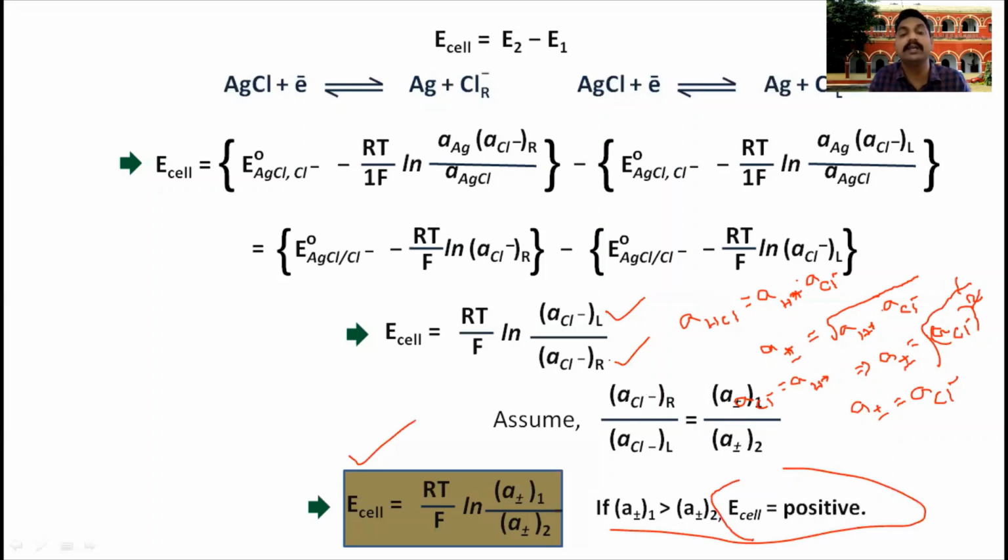Thus we can discuss about electrolyte concentration cells without transference, in which the LJP is eliminated by salt bridge and the electrodes are reversible with respect to anions. Here, how are the electrodes reversible with respect to anions?